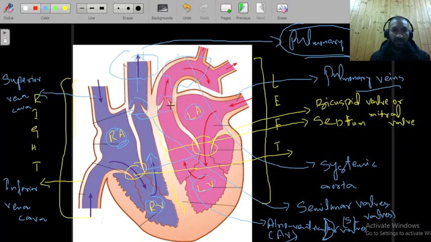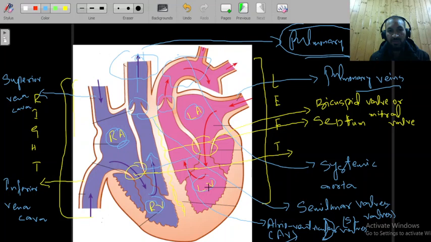So the job of these valves, whether semilunar valves or atrioventricular valves, is to ensure that blood is transported in one direction only. Their job is to prevent the backflow of blood.